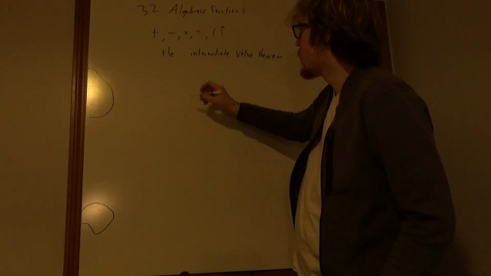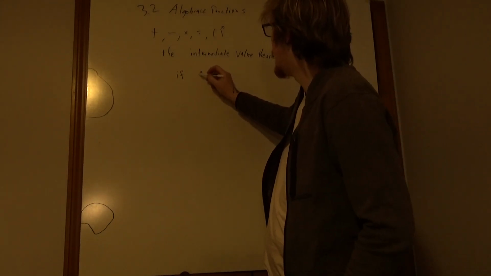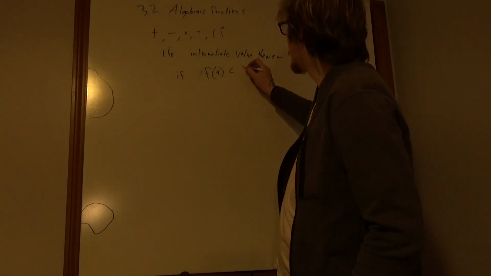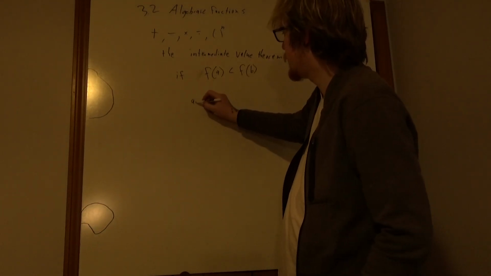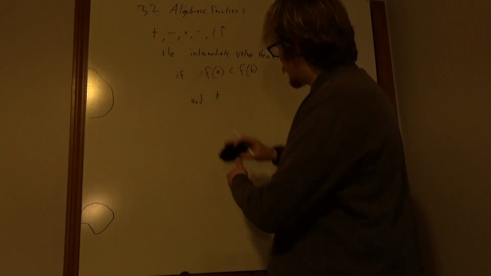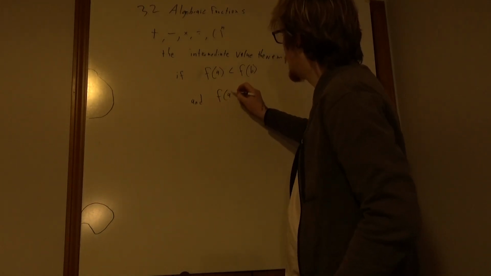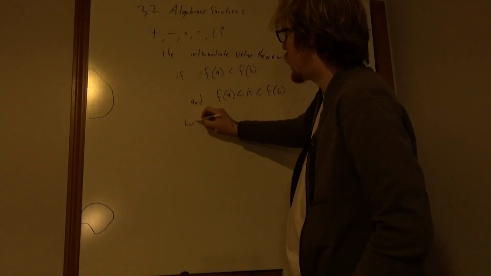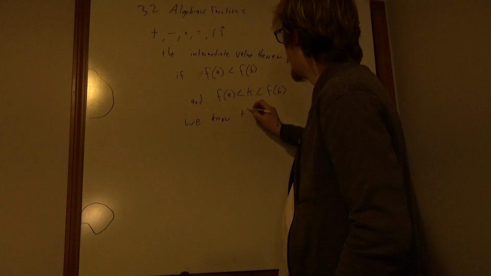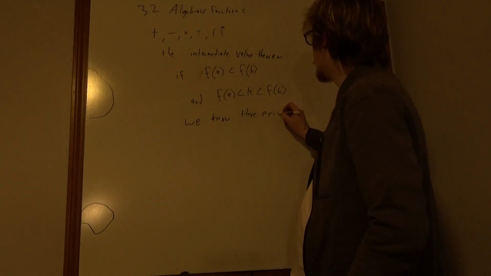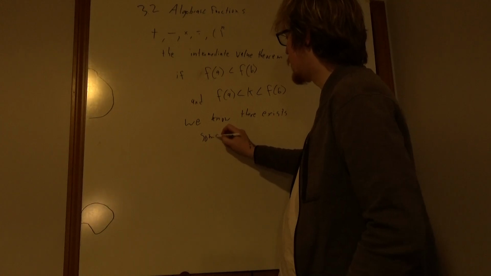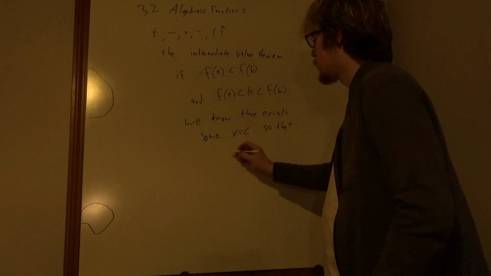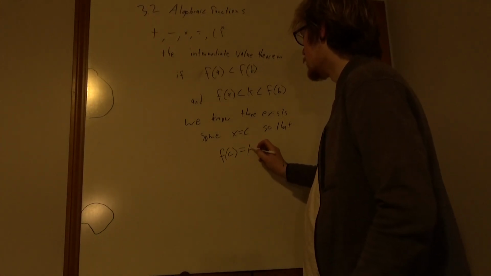And this one says that if f of a is less than f of b, and k is between them, we know there exists some x equals c value so that f of c equals k.